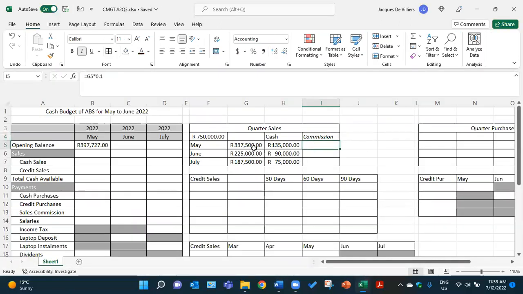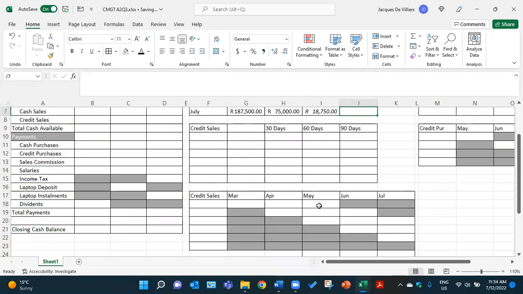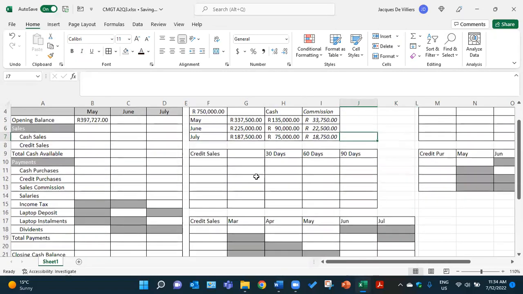So 10% of 337 would just be 33,000 something. Every time we can just multiply the total sales with 0.1, and that will give us our commission that we need to pay to our salespeople.